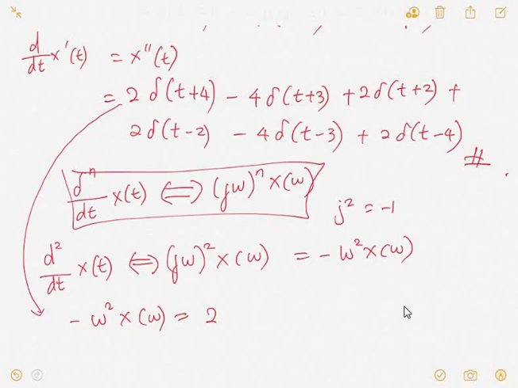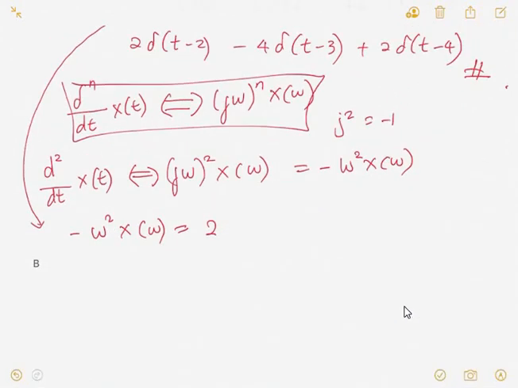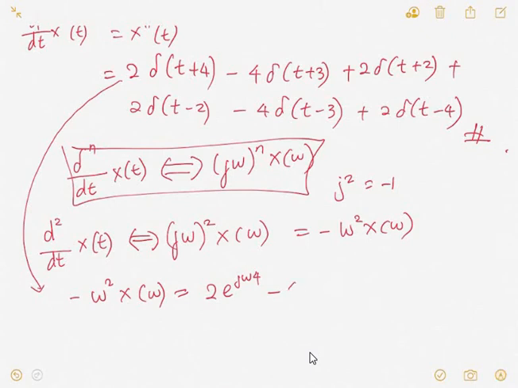2 exponent j omega 4, minus 4 exponent j omega 3.